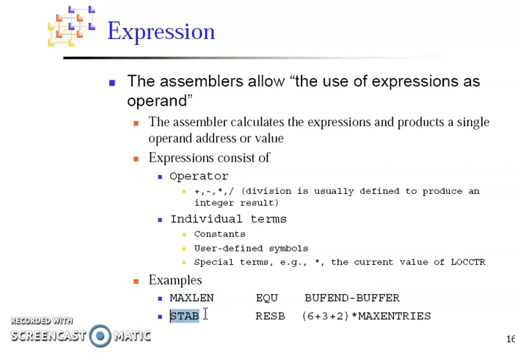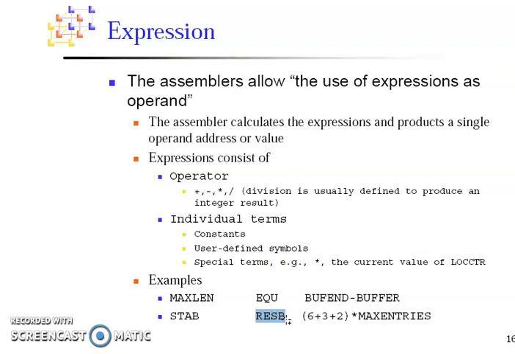Then STAB, a data structure used to store the symbols. It is reserved for storing values like the symbol, the value of those symbols, and the type of the symbol. We have seen one example regarding that.